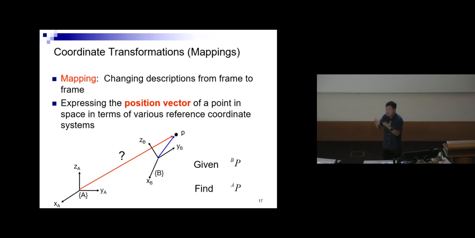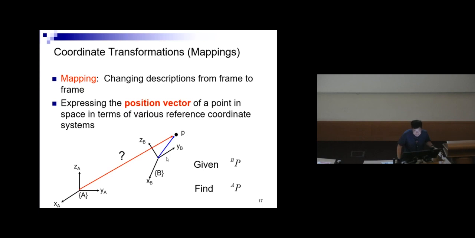So now we move on to coordinate transformations. There are various ways of interpreting a coordinate transformation. The first way we look at is to consider it as a mapping. When we consider it as a mapping, we are changing the description from frame to frame. For example, we may want to express the position vector of a point in space in terms of various reference coordinate systems.